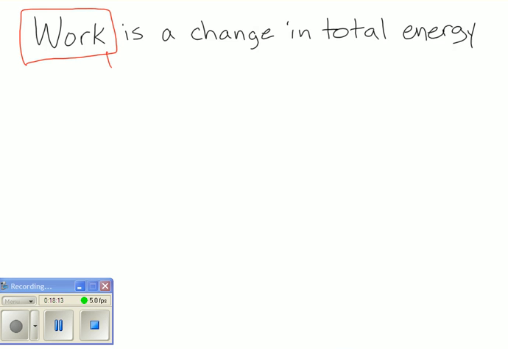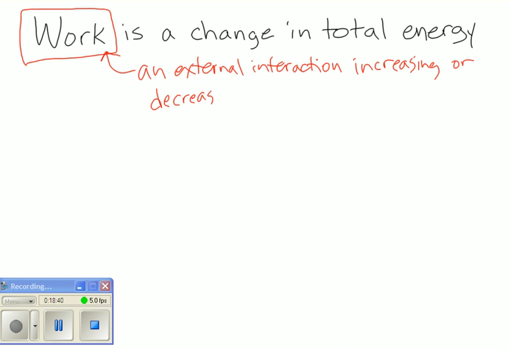Whenever you see this work, whenever you hear this word coming out of my mouth or on paper in my class, it means something very specific. An external interaction is increasing or decreasing energy in the system. So it's tough because you can't even talk about work until you pick a system.